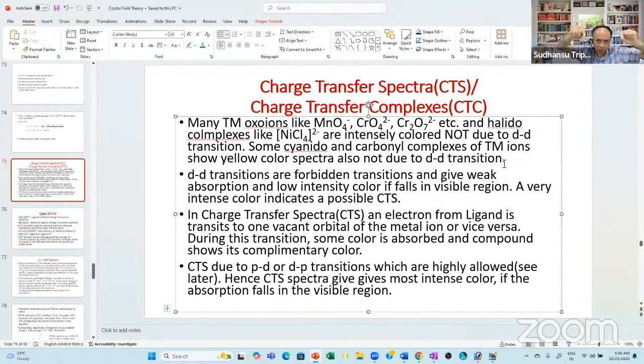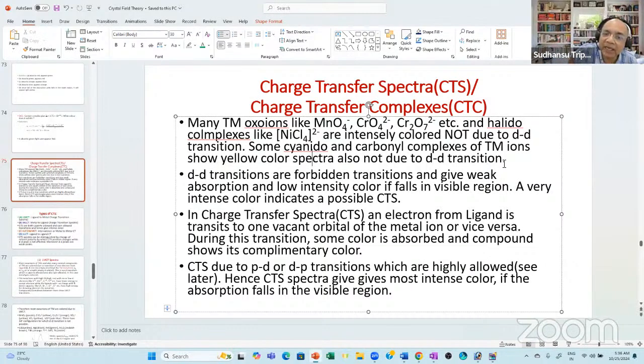One electron from the ligand sigma bonding orbital or a pi bonding orbital, if it has a pi bond, is excited to the vacant orbital, t2g or eg, whichever is vacant. During this transition, it will absorb, same principle, some energy. If it falls in the visible region, then the complementary color will be visible.